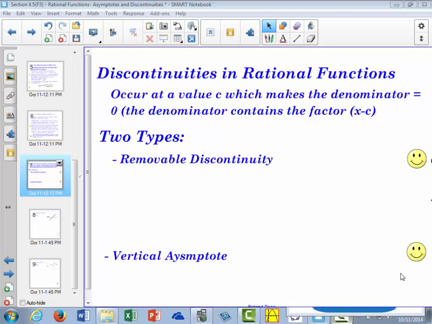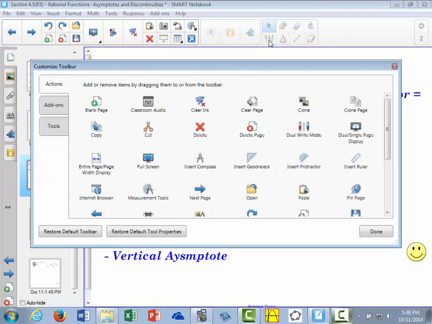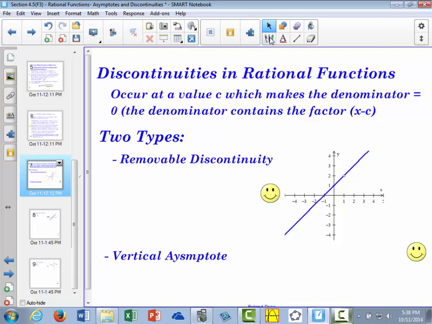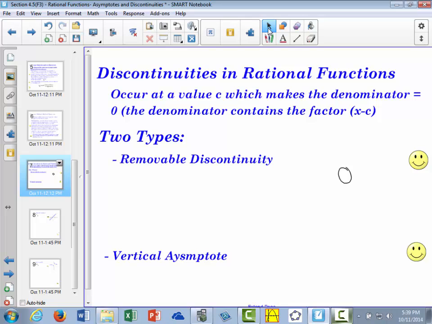We can have a removable discontinuity, where we have a nice steady graph except for one place on the function, where the graph disappears, a single value of x. We can also have a place where the graph is undefined and it's shown by a vertical asymptote.